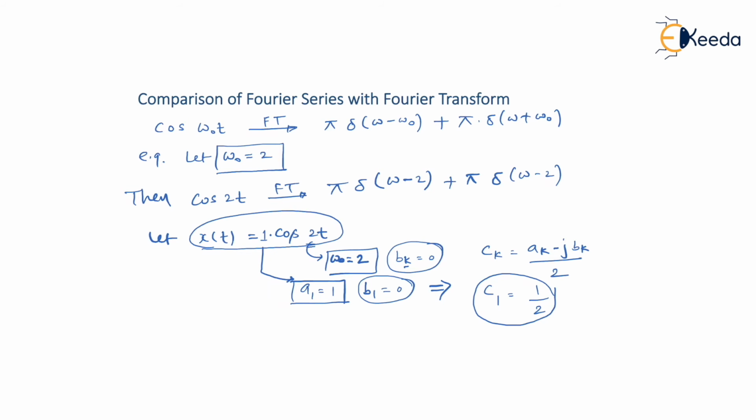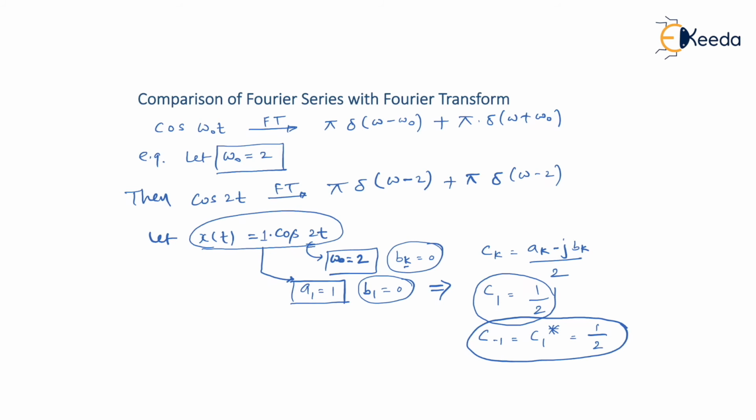Is that right? But when I go for a ck plot, then I should go for negative frequencies also. So c minus 1 is nothing but c1 conjugate. But then since c1 is real, c1 conjugate will be 1 by 2 itself.